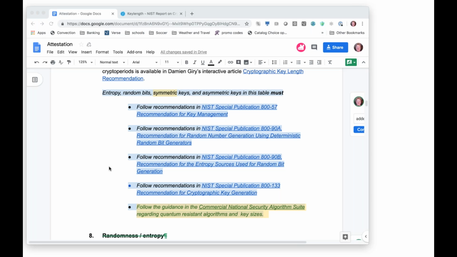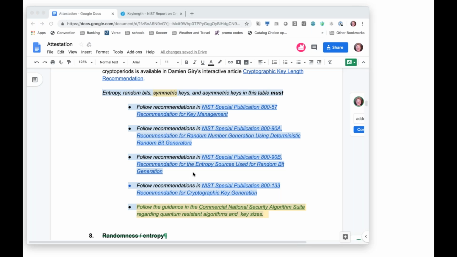So the question to you all is, is this the correct list of things that we want folks to follow? So the first one is 800-57 for key management. The second, there's links to all of these, by the way. The second one is concerned about random number generation using deterministic random bit generators. The third is talking about entropy.